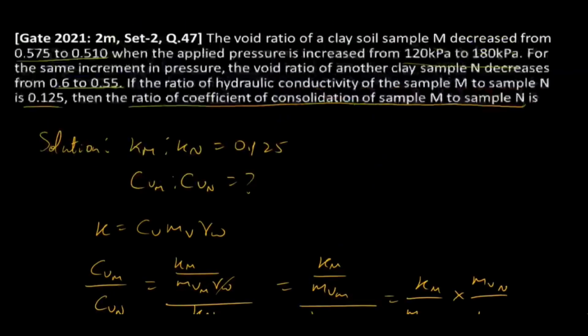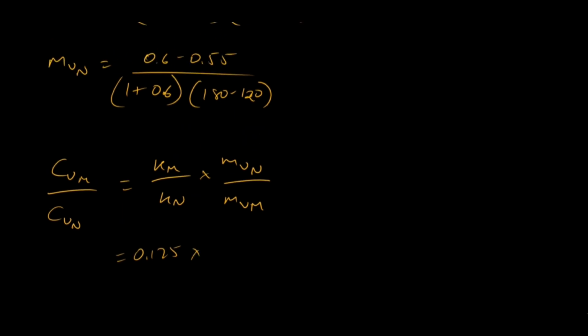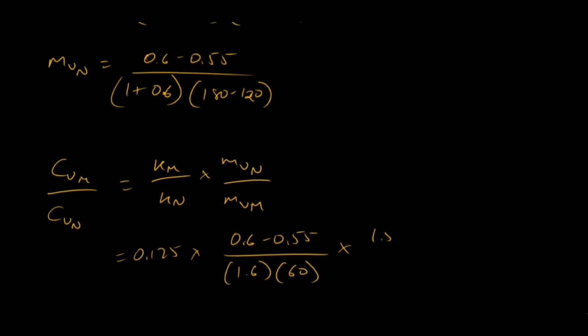Km by Kn they have given us 1.125, 0.125, into MV of n, that is 0.6 minus 0.55 divided by 1.6 into 60, into MV of n, which is 1.575.